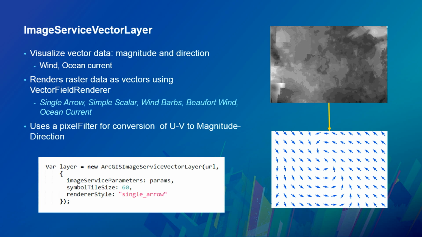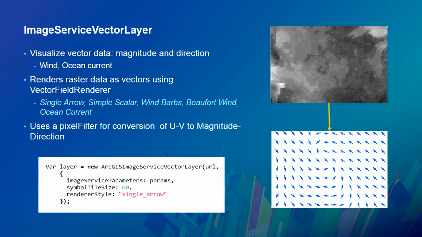It could be arrows, or it could be something more well-known like Beaufort wind, or something like the wind barb symbology, where it denotes the wind speed based on the number of notches it has, essentially.